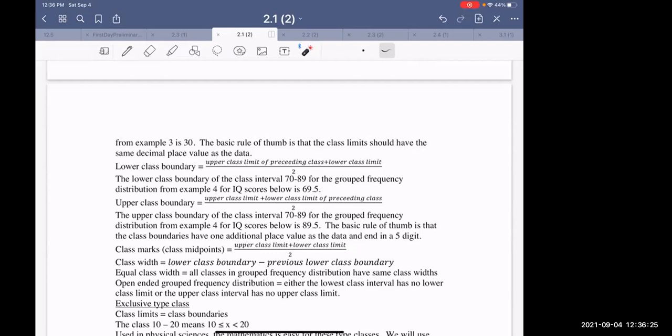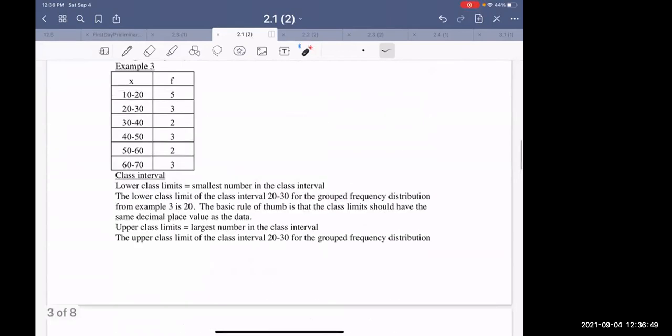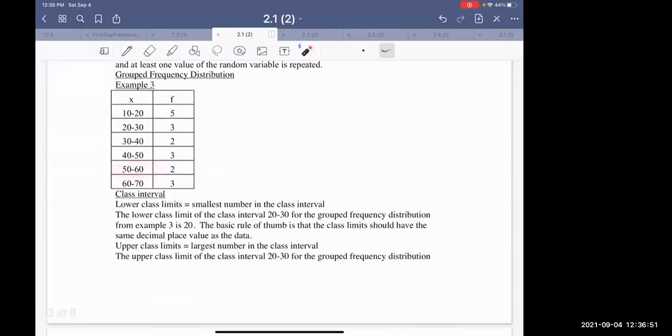The class mark, sometimes called the class midpoint, is the upper class limit plus the lower class limit divided by 2. So let's say in the interval 50 to 60, 50 plus 60, 110 divided by 2 is 55. So the class midpoint, the class mark, for the class 50 to 60 is 55.